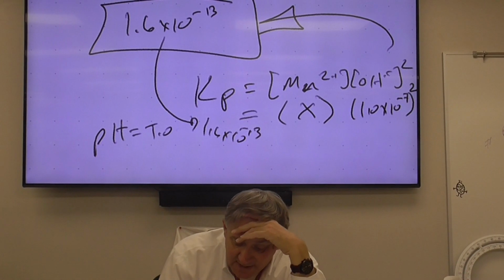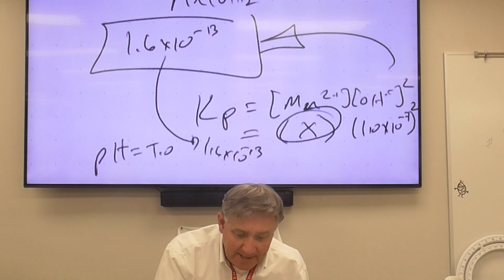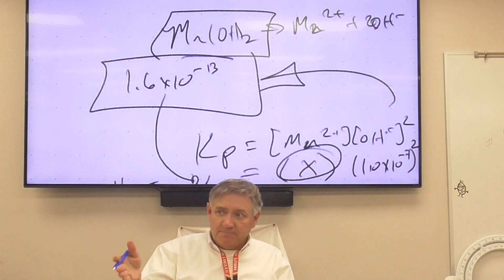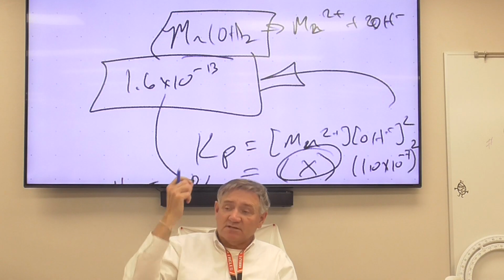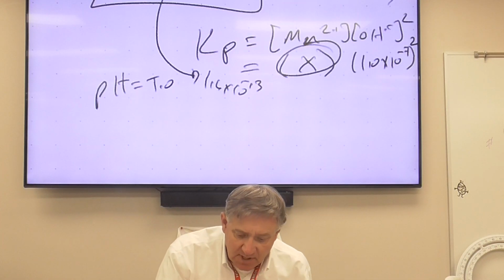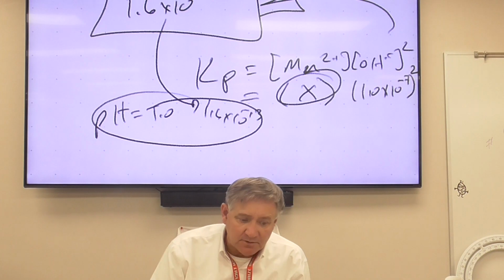When you find x, because it's a 1-to-1 ratio with the manganese hydroxide, once you find x, that's the concentration of the manganese ion, and it's also the concentration of your Mn(OH)2.